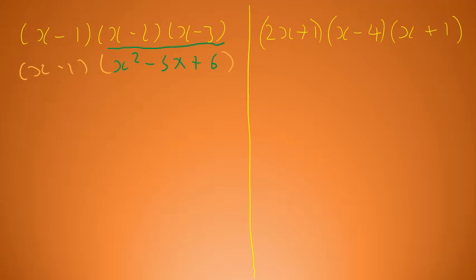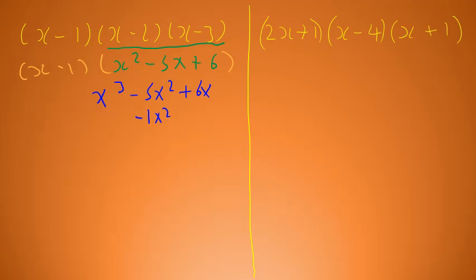So now what we're going to do is multiply by x, so that means all the powers are going to increase. So that will be x cubed, minus 5x squared plus 6x. Now be really careful here, you are multiplying by 1, but it's a negative 1. So a negative 1 times x squared is going to be a negative 1x squared.